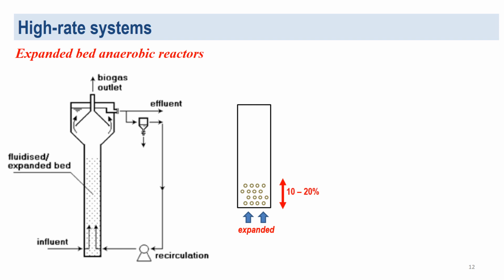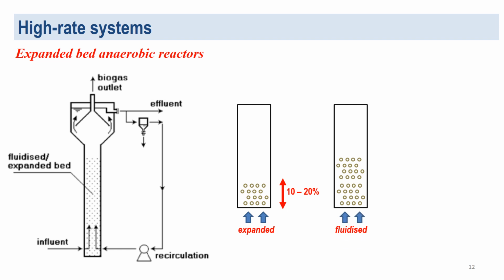The operating principles of fluidized bed reactors are basically the same as those of the expanded bed reactors, except for the size of the particles of the support medium and the expansion rates. A high recirculation rate is required and, as a result, each independent particle does not maintain a fixed position inside the bed.